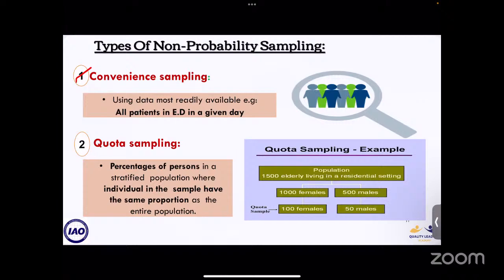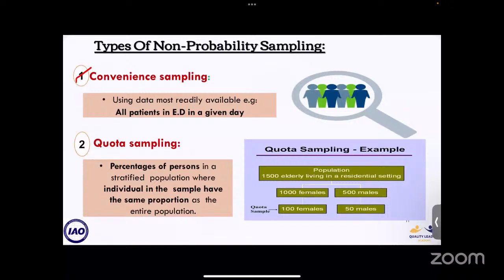Definitely no, because this is called convenience sampling. When you get a question like this in an exam, if I chose patients from a specific department on a certain day, that is convenience sampling. For instance, if I say patients in the ER department on a given day, that is convenience sampling.